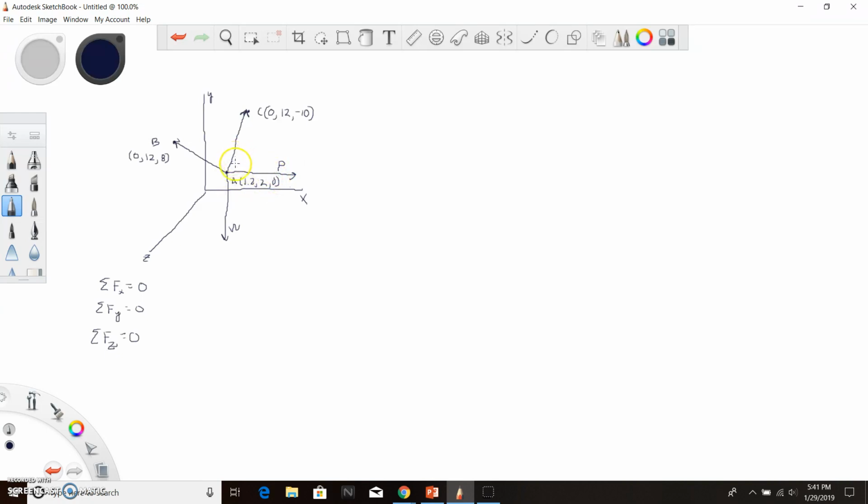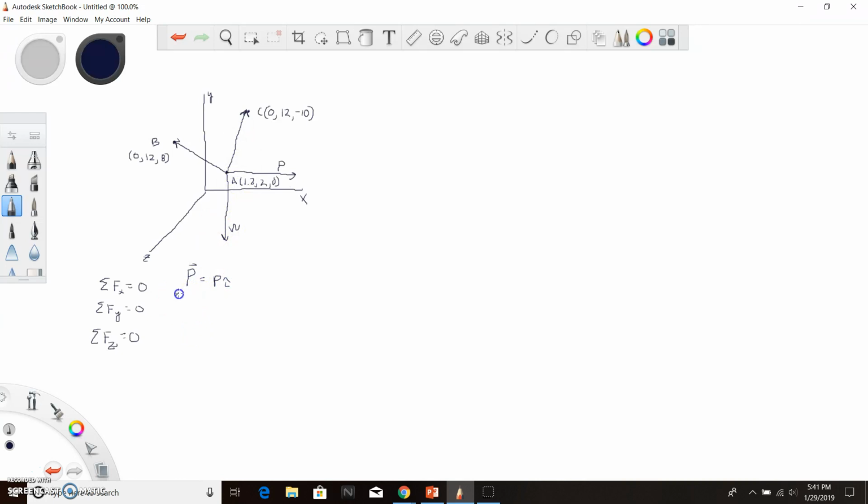Okay, so I'm just going to start by putting two of the easiest vectors in Cartesian vector notation. P is easy. P is just going in the I direction. So the vector P is equal to the magnitude of P times the unit vector I hat. I'm going to do the same thing for the weight.